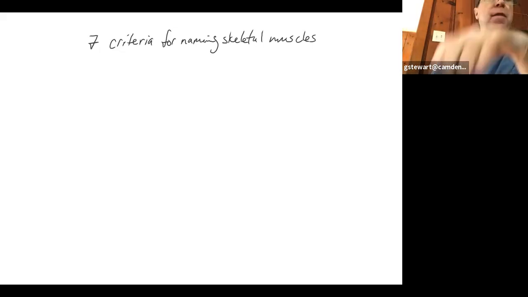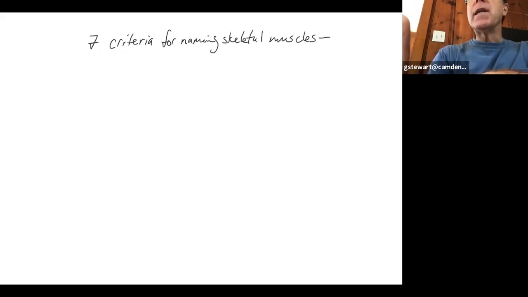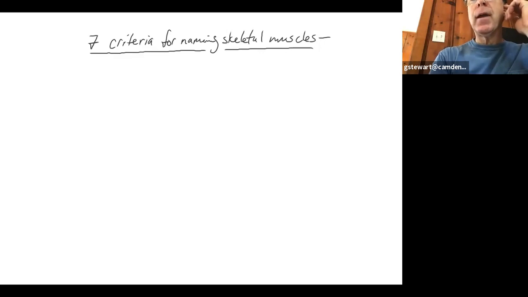And it's based, we name all of the skeletal muscles in the human body based on these 7 criteria. Let me first tell you that no muscle that I'm aware of includes all 7 of these criteria in its name. We have this list of 7 things.